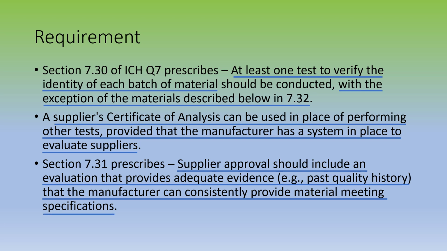Section 7.31 prescribes more. The supplier evaluation should include adequate evidence of compliance with quality for the material supplied for a definite period. The data should capture the details of number of lots supplied, number of lots passed, number of lots rejected, etc. A system of performance index may be designed based on this history.